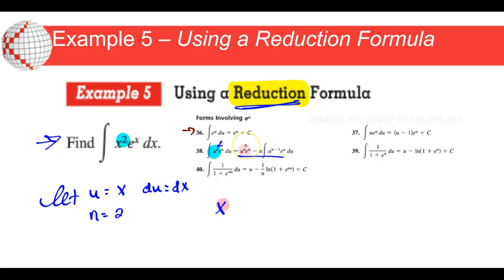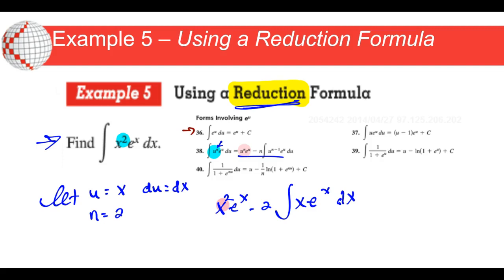The n exponent is a 2. E to the x minus 2. And then I've got to integrate. So here comes the recurrence: x e to the x dx. And so now I think I need to try to integrate this.